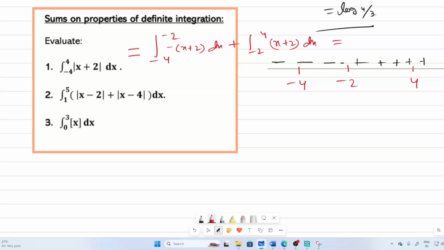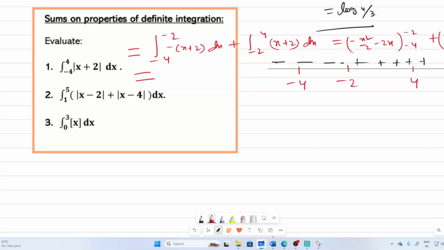Now just ordinary integration: minus x square by 2 minus 2x, from minus 4 to minus 2, plus x square by 2 plus 2x, from minus 2 to 4. Here you put upper limit minus lower limit.